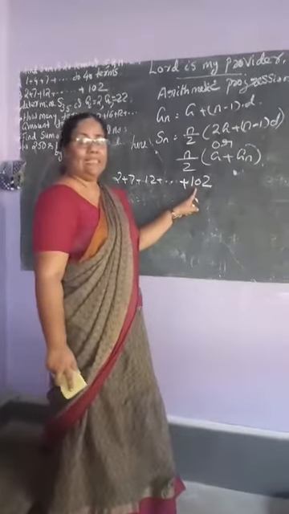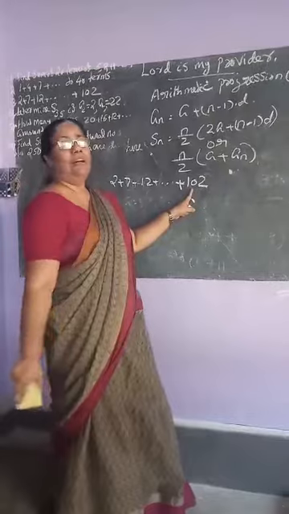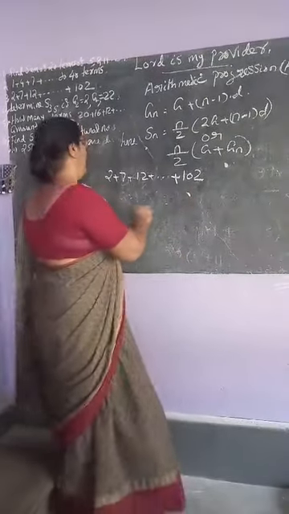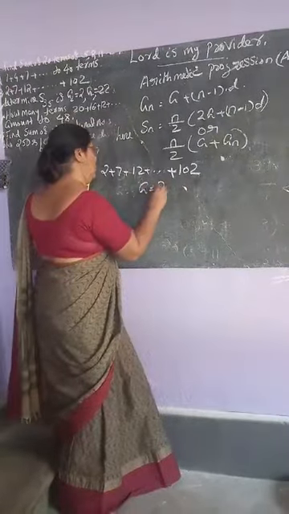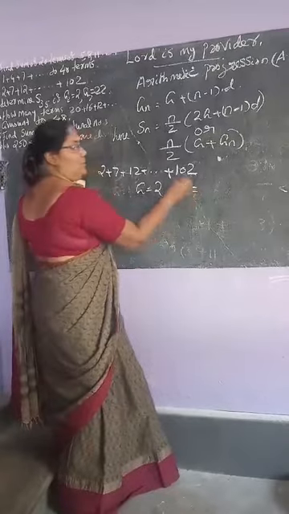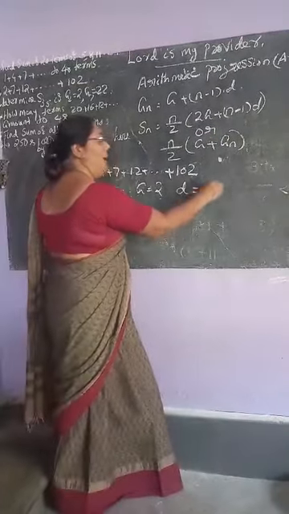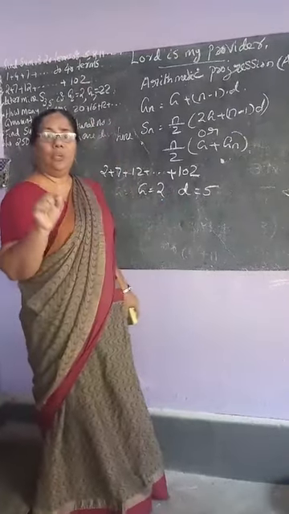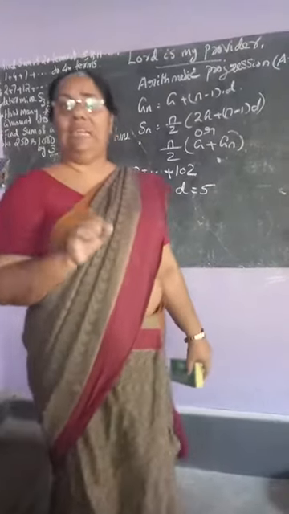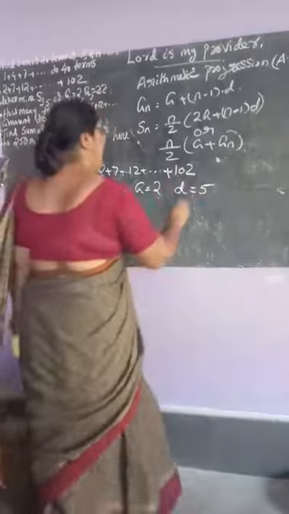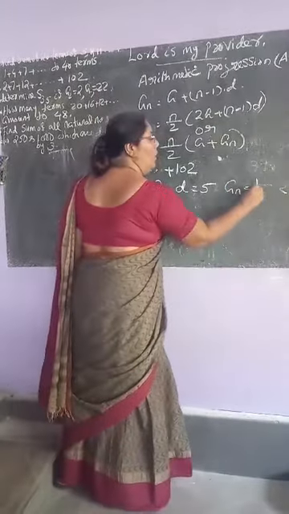That is the last term. We name the last term an, isn't it? Therefore, here a is equal to 2 and d is 7 minus 2, 5. Here 102 is the last term, or an. An is equal to 102.